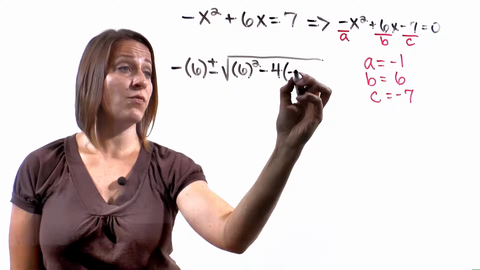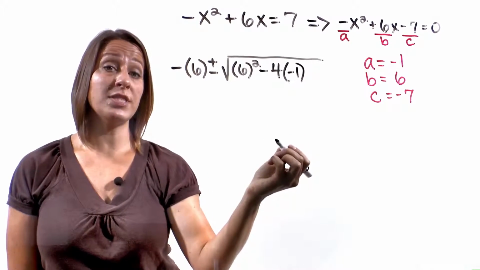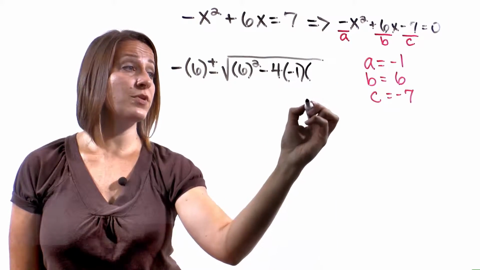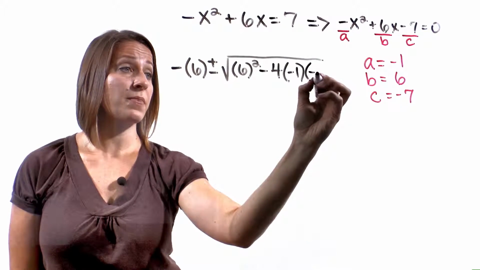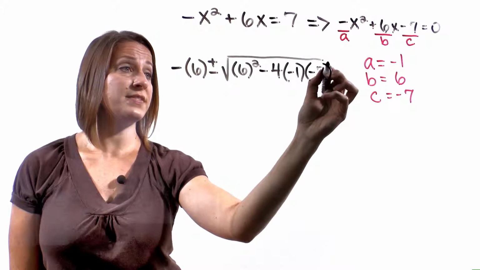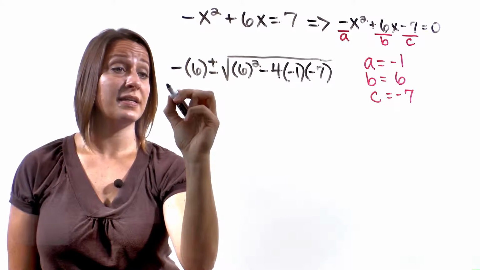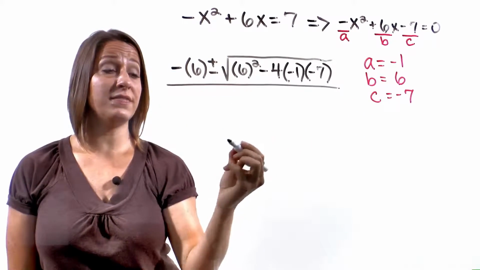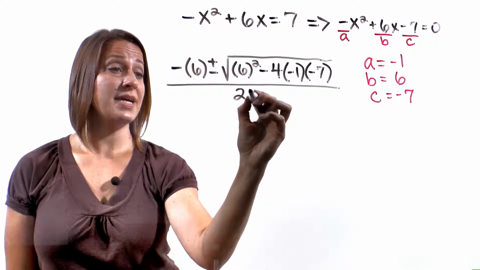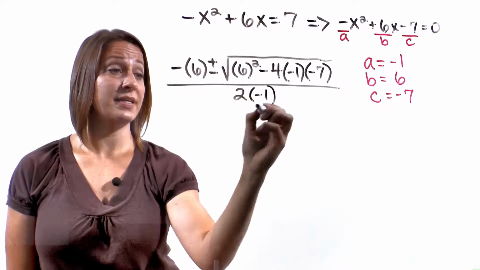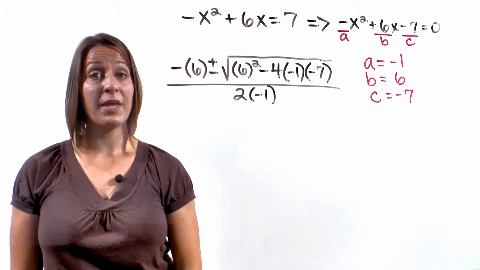Our a is negative 1, so we'll put parentheses around that, and we'll put parentheses around c, which is our negative 7. We'll take all of that and divide it by 2 times a, which our a is negative 1.